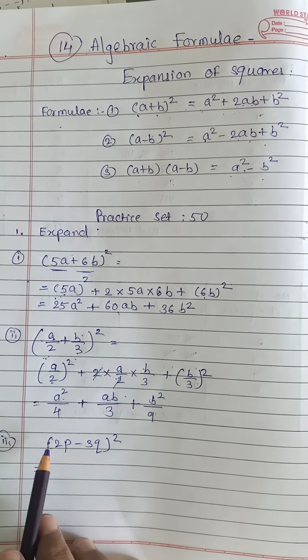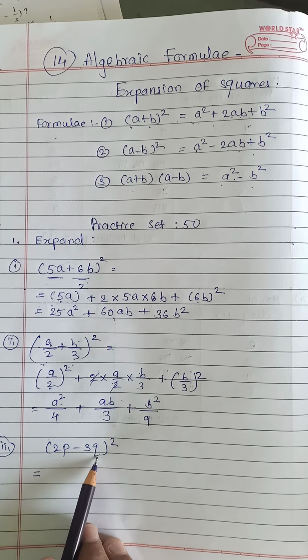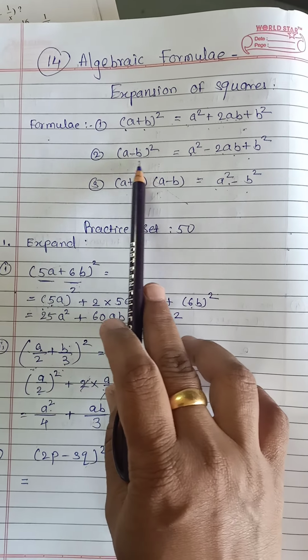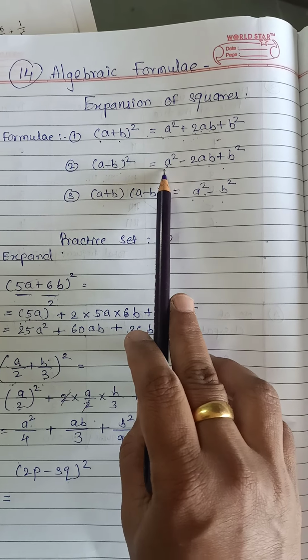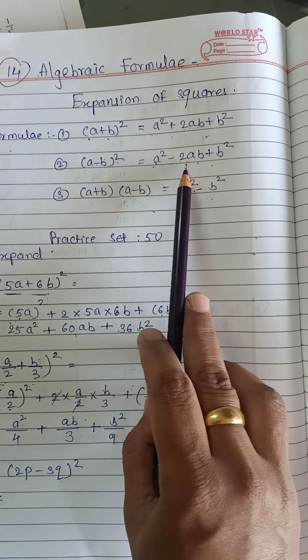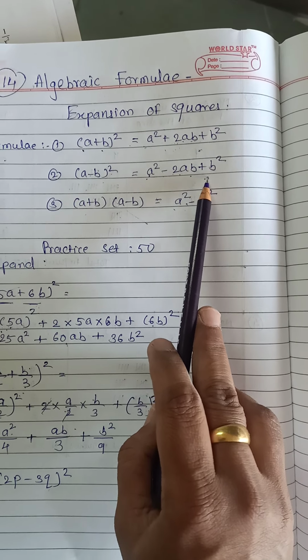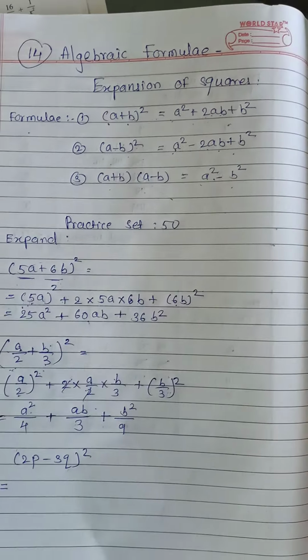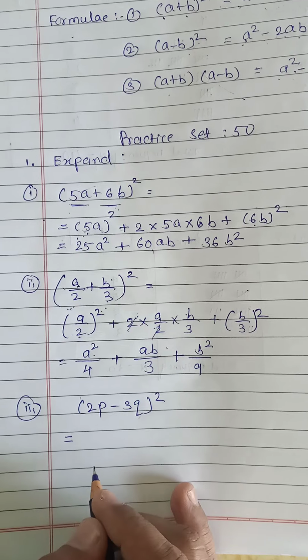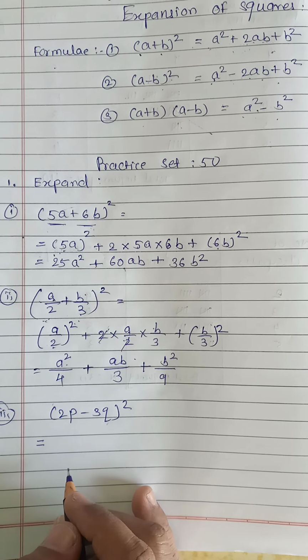Now the third question, (2p - 3q) the whole square. Here we have to use the second formula, (a - b) the whole square. The expansion is first term square minus 2 into first term into second term plus second term square. Only in the middle the minus sign will come. Now this is 2p minus 3q.